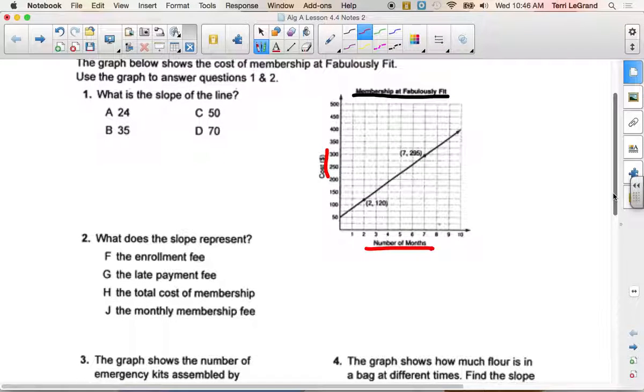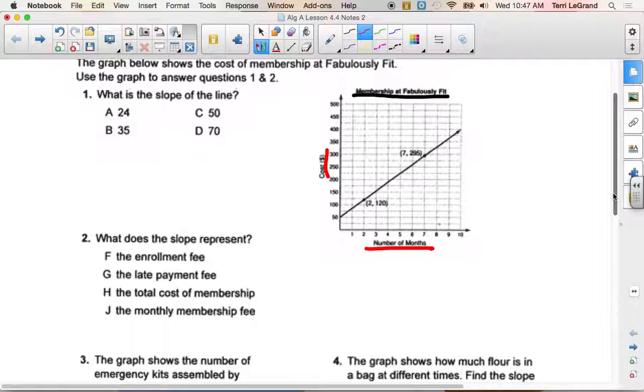Okay, now notice something about the scales on the axes. Does the x-axis go by ones? Did the number of months go by 1? Does every grid line represent 1 month? Yeah, that one does. How about the y-axis, the cost in dollars? Does that go by $1? Every grid line is $1? No, what is it? $50?